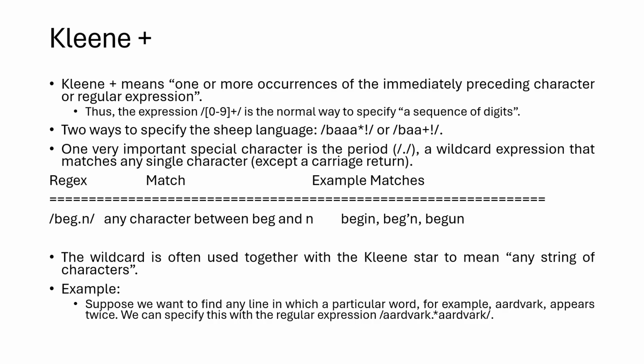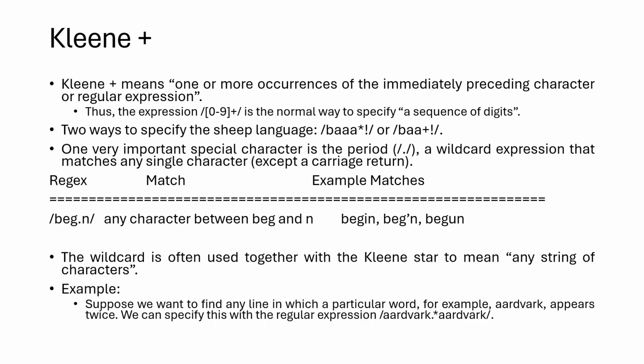For example, for the sheep language, we can have BAA star, so multiple A's, here BAA plus. That means we can use one or more, it will match one or more patterns of this. Here BAA star means 0 or more occurrences of this sheep language.